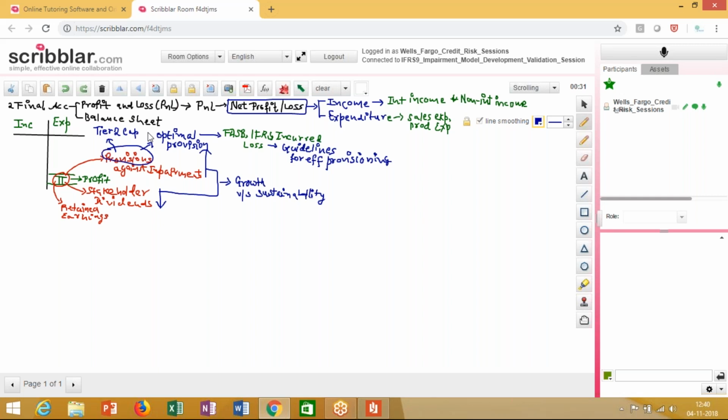However, if you move to the European regions, Basel is not implemented exactly the way it is done in the US. They follow a regulation, CRD4, which is the Credit Requirement Directive. They follow the CRD regulations. Now CRD is itself an adaptation of Basel. Whatever Basel says, CRD also says the same thing, but it has minor changes, right?